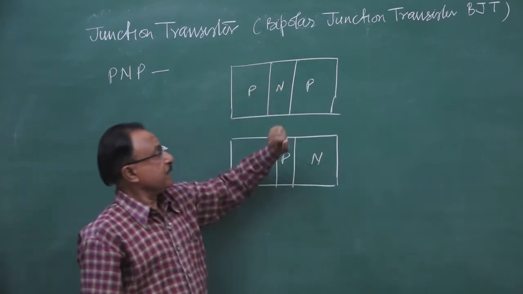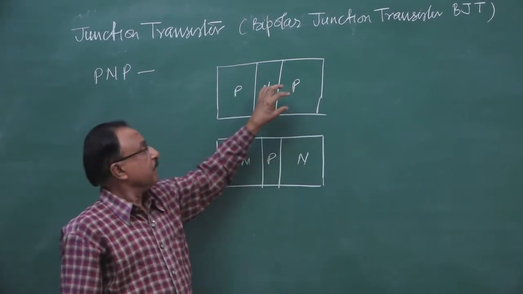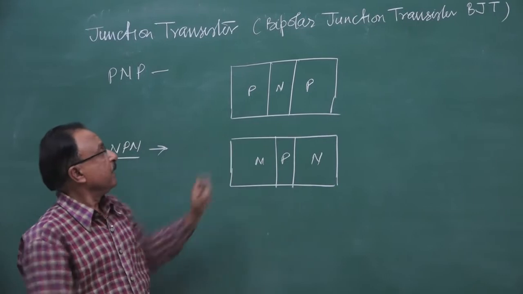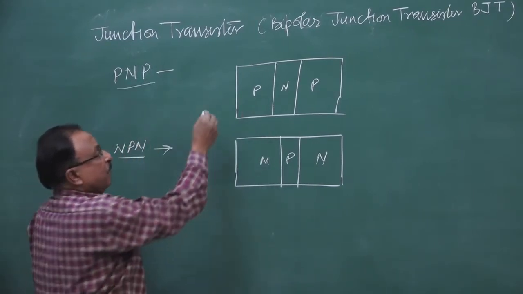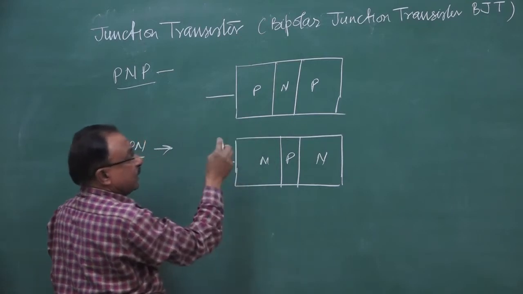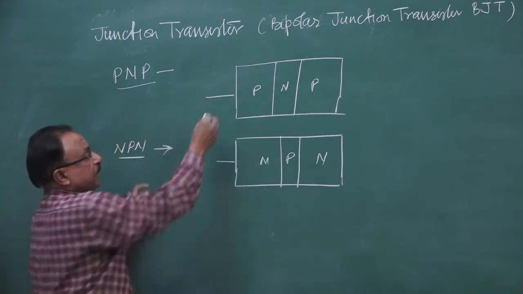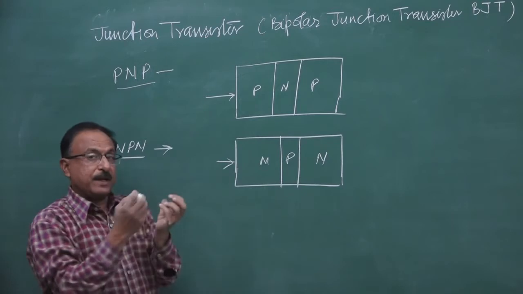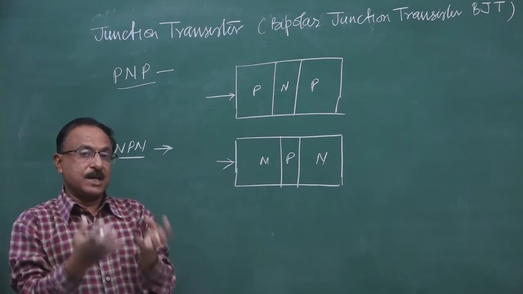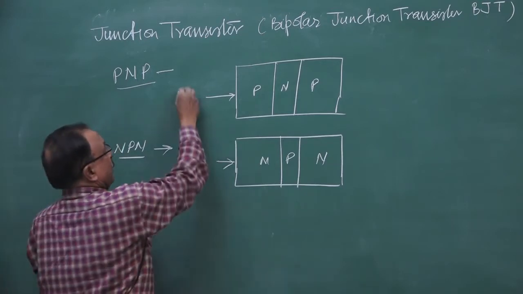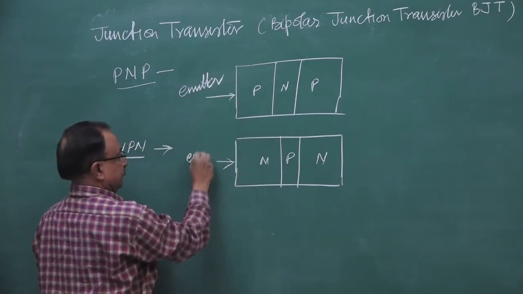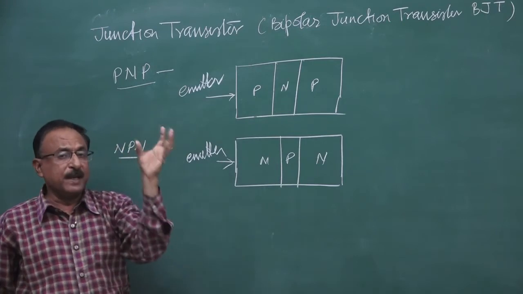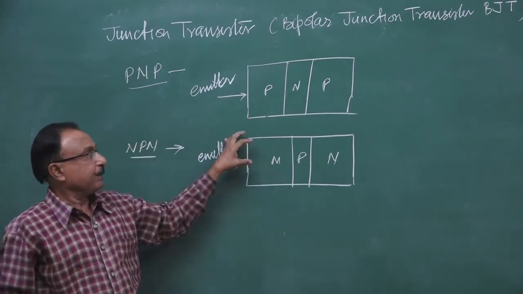Now what is the difference? What is the major important part of this? In NPN or in PNP, either of them, one of the doped region at the end is heavily doped. This is a heavily doped region, and it works as a source of the charge carrier, and it's called emitter. It is not big in size, it's moderate in size.